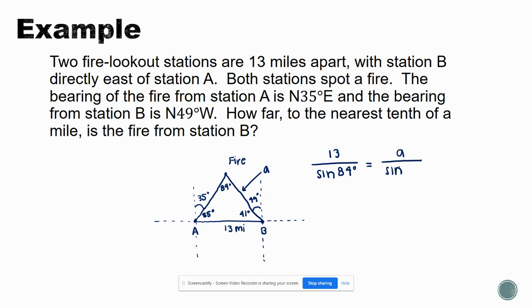That has to go over the sine of the angle directly across from it, which is the 55 degrees. Cross multiply, we have a being multiplied by the sine of 84 degrees, which equals 13 being multiplied by the sine of 55 degrees. To get a by itself, I'm going to divide by the sine of 84.